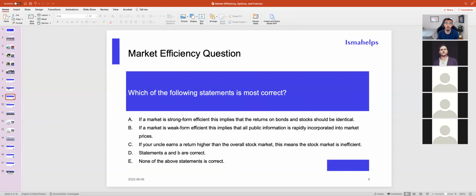B, if a market is weak form efficient, this implies that all public information is rapidly incorporated into market prices. C, if your uncle earns a return higher than the overall stock market, this means the stock market is inefficient. D, statements A and B are correct. And then E, none of the above is correct.